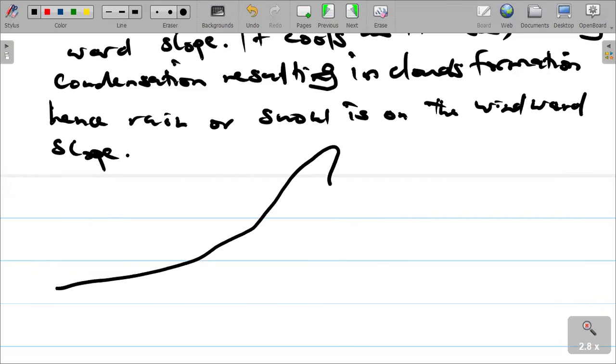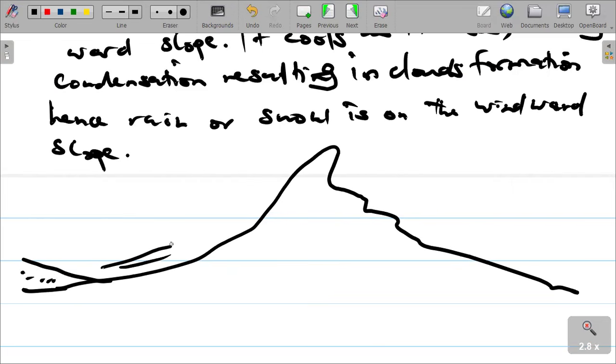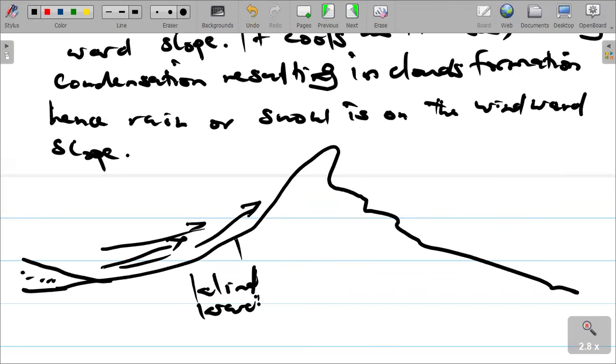We have our warm moist air that rises this side, and this is our windward side, our windward slope. And then this side is called the leeward.